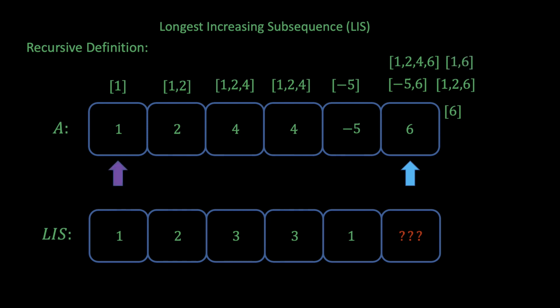In the end, you choose the candidate that is the longest, and that must be the longest increasing subsequence ending in 6. In this case, it's of length 4.